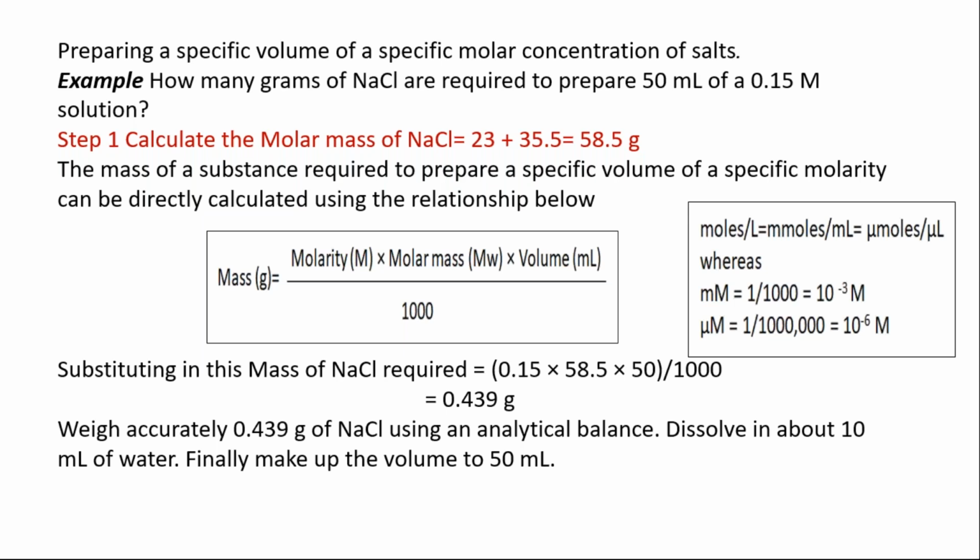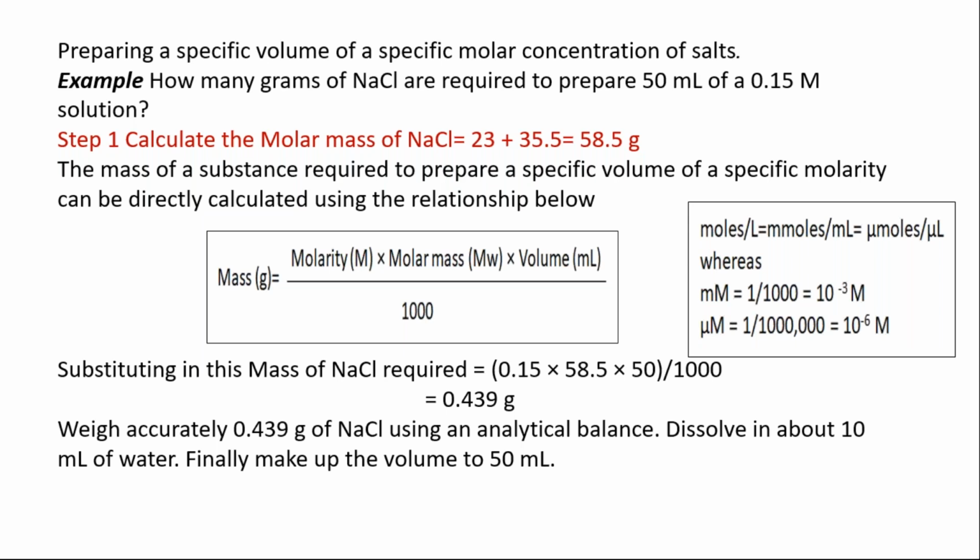So when doing these type of calculations with millimolar and molar, it is very useful to remember that moles per liter is the same as millimoles per milliliter, and it is the same as micromoles per microliter. We are dividing both the numerator and the denominator by 1000, and so therefore moles per liter is the same as millimoles per milliliter, which is the same as micromoles per microliter.